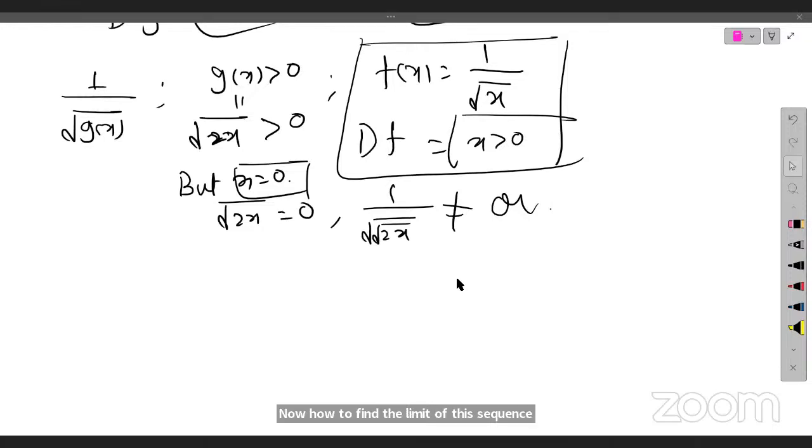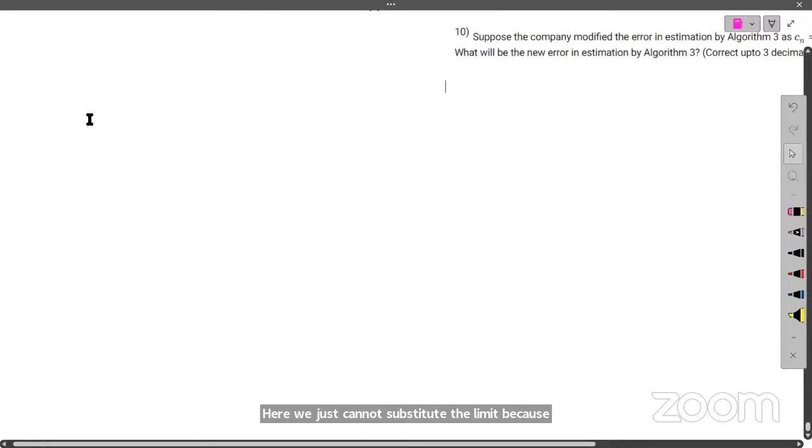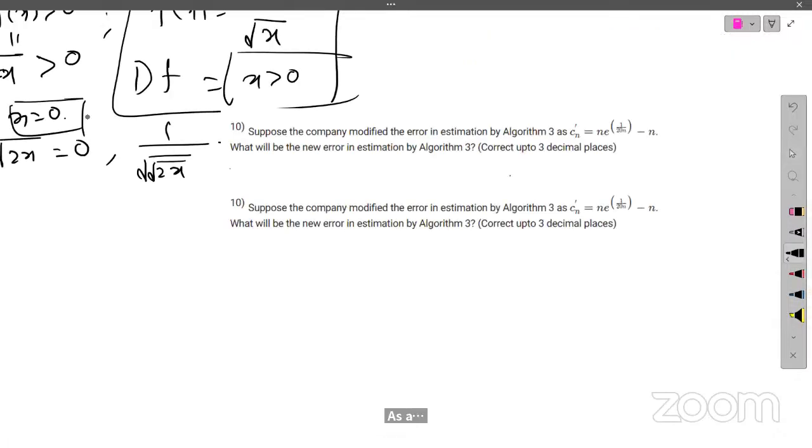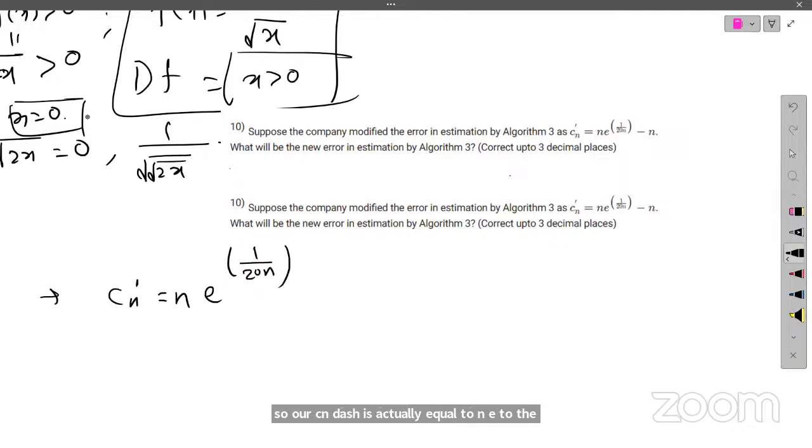Here we just cannot substitute the limit. So our c n dash is equal to n times e to the power 1 by 20n minus n.